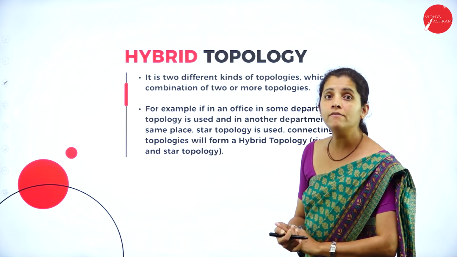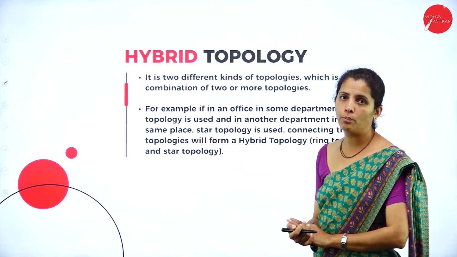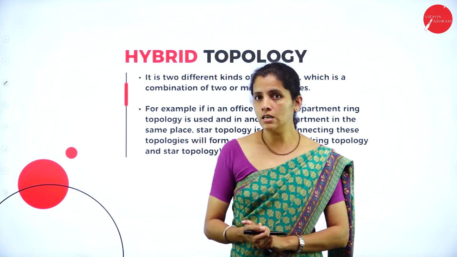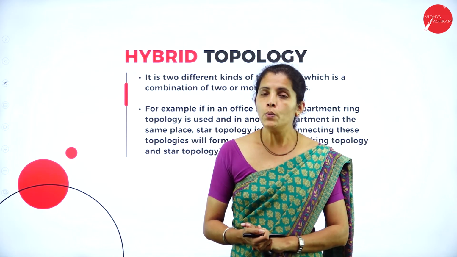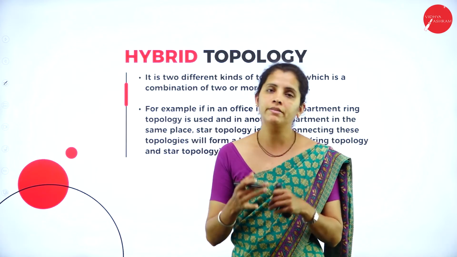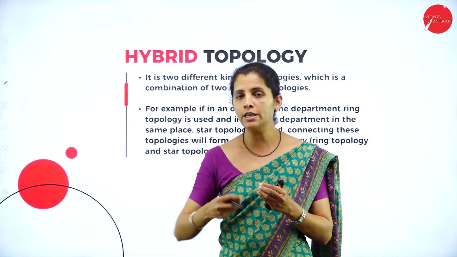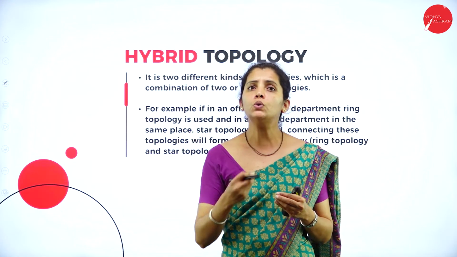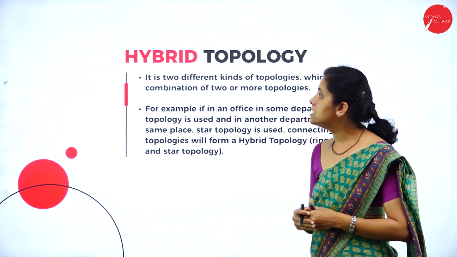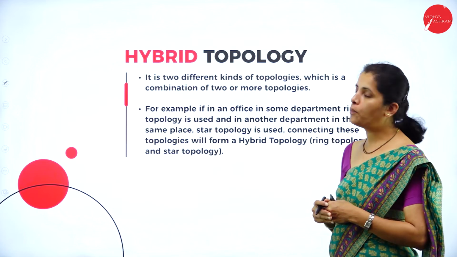Now I have the last type of network topology, that is hybrid topology. So what is hybrid topology? It is a topology which is formed by using different kinds of topology. Hybrid topology is nothing but the combination of two or more other topologies.